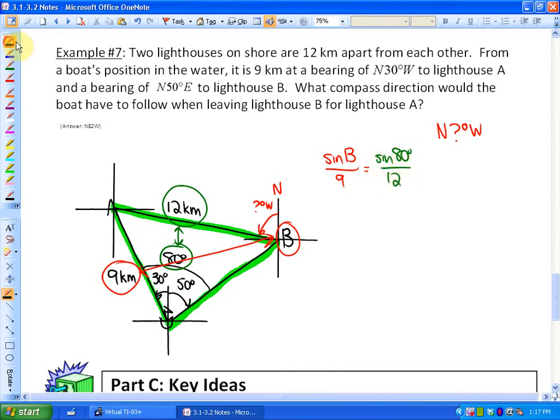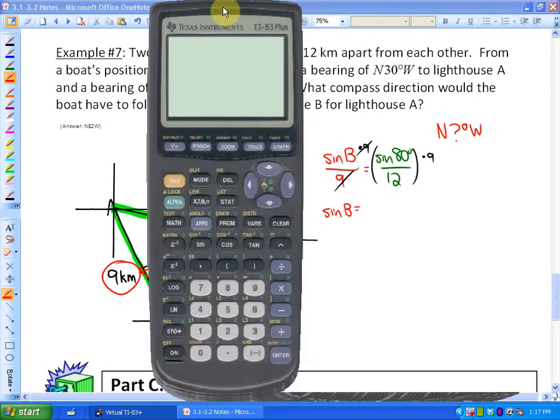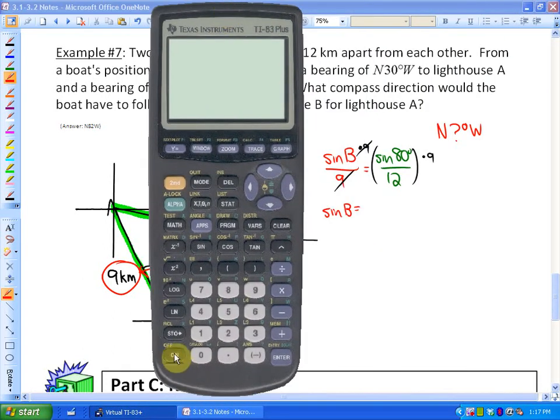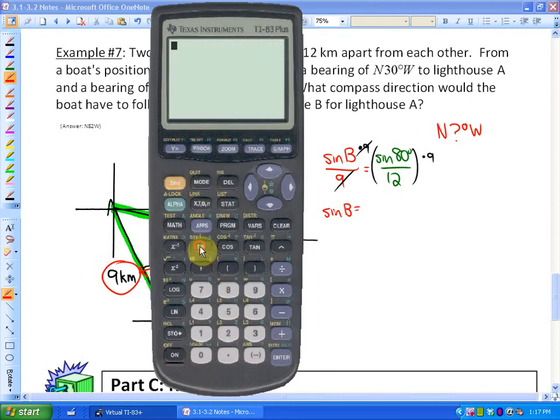So in this particular case, we'd multiply both sides by 9, being careful on our calculator, and we'd have that sine B is equivalent to, again, making sure that you're in degree mode, sine 80, hit equals, divided by 12, hit equals, that's your proportion, and now multiply by 9.